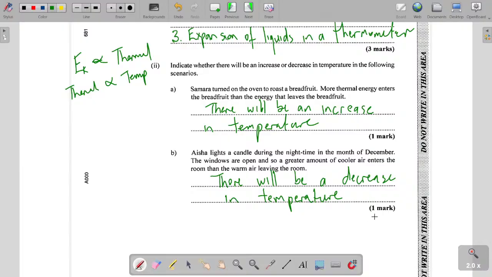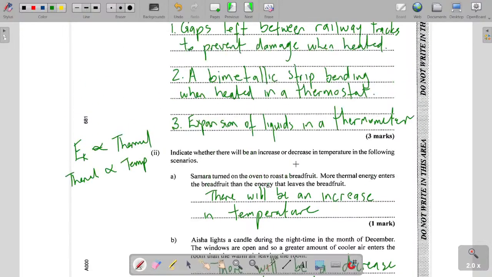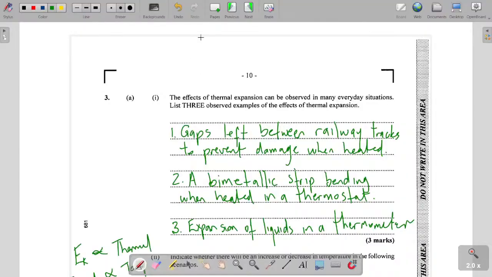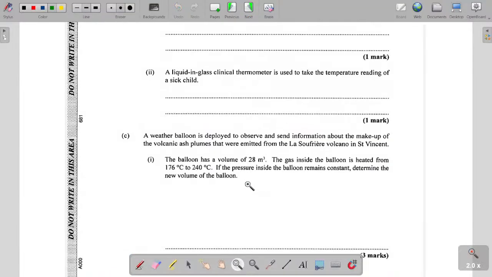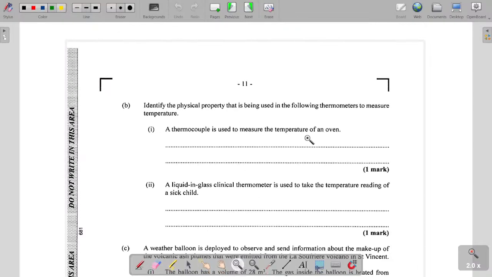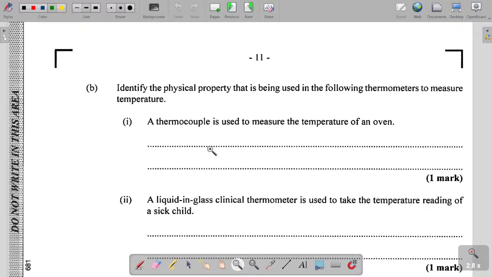Alright, so that's that. Let's see what else we have here. Alright, so this question here is on thermometers, so still on thermometers. So that's one topic that you need to be very versed on. So here it asks us to identify the physical property that is being used in the following thermometers.